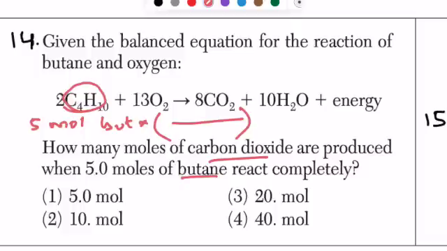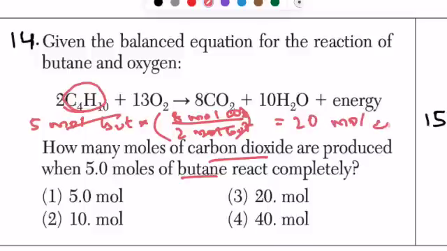According to the equation, we need 2 moles of butane for every 8 moles of carbon dioxide. So that would be 5 times 8, which is 40, divided by 2. So we produce 20 moles of carbon dioxide.